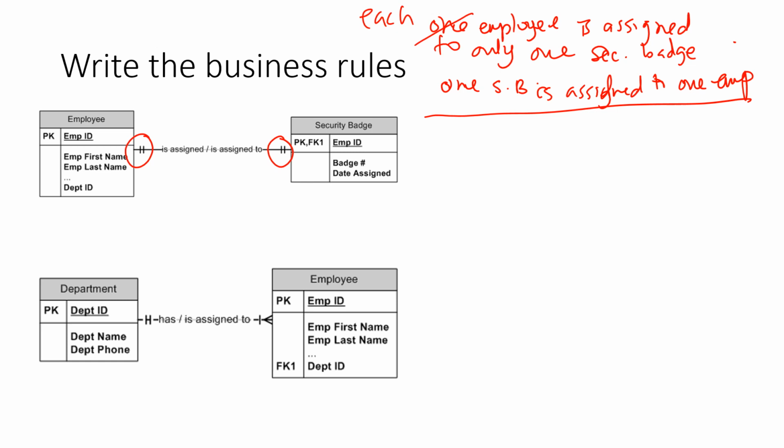And the business rule must contain two sentences, from left to right and right to left. And how about this one? This is a one to many relationship.